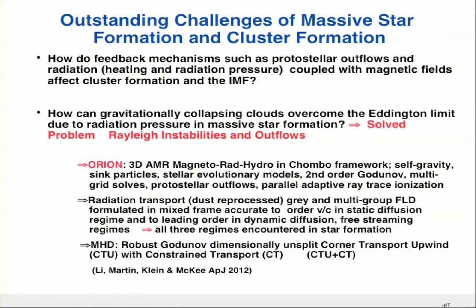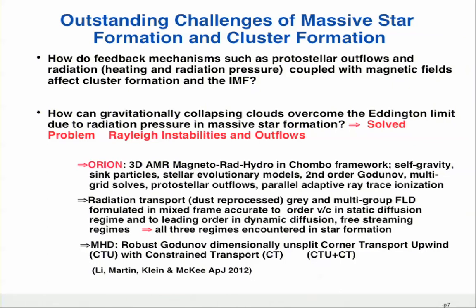Okay, now, there are several outstanding challenges that face us in massive star formation and cluster formation. We're going to investigate the physics that comes into play at each stage in forming this. So the first is, how do these feedback mechanisms, which couple protostellar outflows with radiation heating and couple to magnetic fields, affect cluster formation? And inevitably, how do they affect the initial mass function?